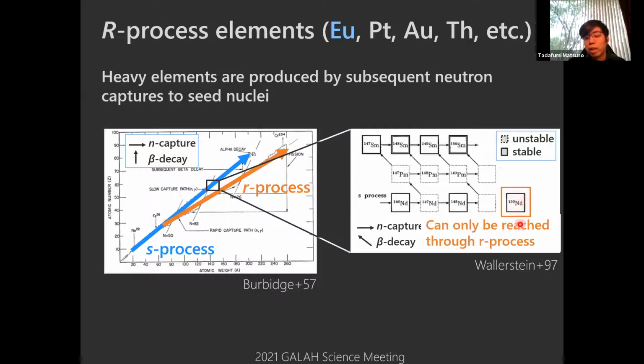After beta decay, this nucleus can be synthesized, and this isotope can only be reached through the r-process. Some elements have isotopes that can only be reached through the r-process, and these elements are called r-process elements.